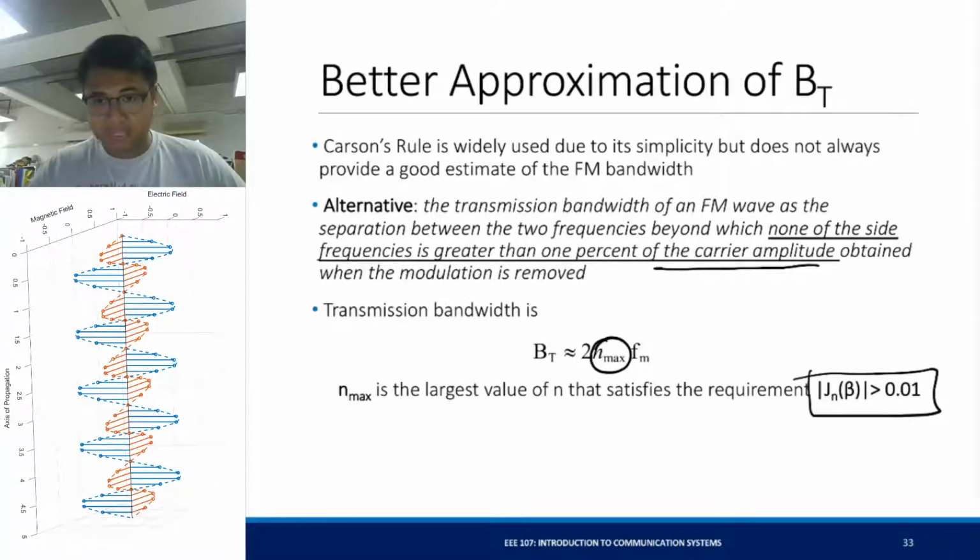If you find that n max, you multiply it by 2 times fm, and you'll get the effective transmission bandwidth of FM. Any side frequency that has a magnitude less than 1% of the carrier amplitude is already insignificant. If we remove them, the distortion will be minimal. So this is a better approximation for the transmission bandwidth.